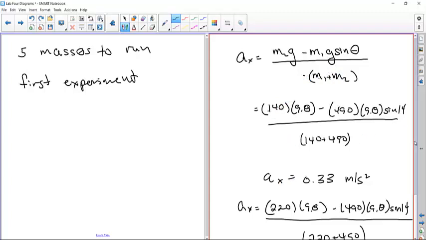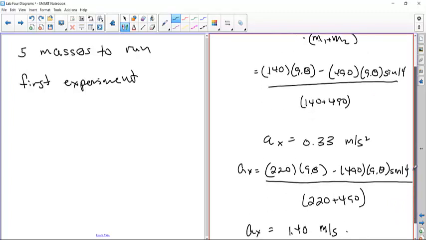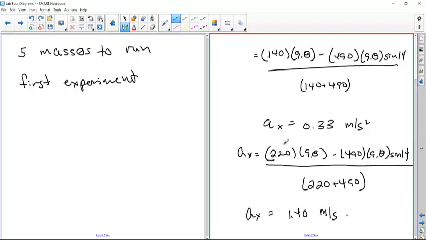So what I did was some guesstimates, and it looked like when you add 20 grams, the first step, you get about 0.33 meters per second squared acceleration. And if you add 100 total grams, which is the fifth condition, you should get an acceleration of around 1.40 meters per second squared.